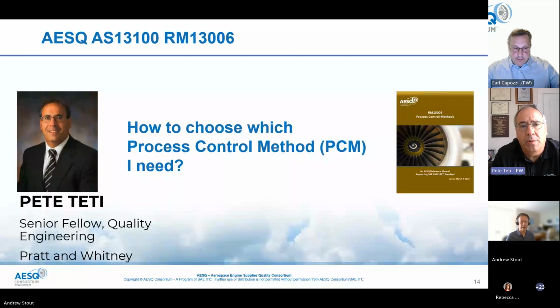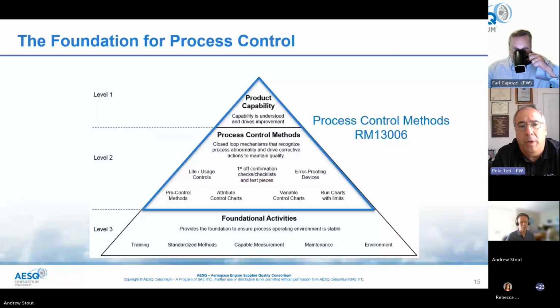So how do we choose the process control method we need? Looking at the pyramid, this came out of originally our AS 13006. In the reference manual, you'll see the foundational activities that every company is expected to have. Process control, which starts getting more into quality assurance, is built on a foundation of quality control.